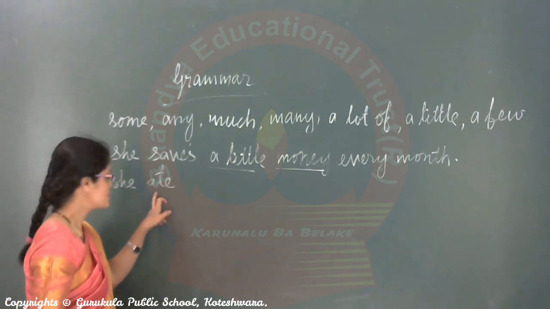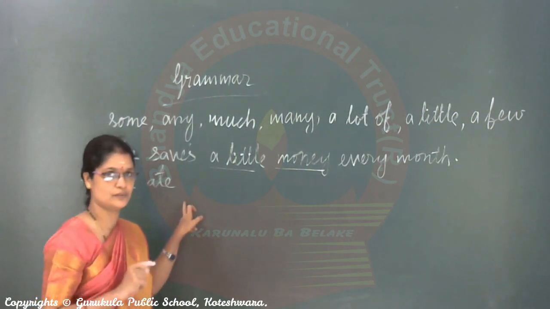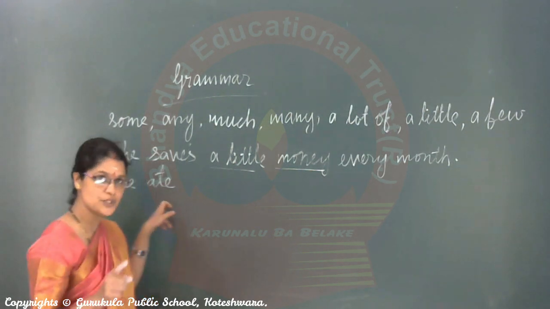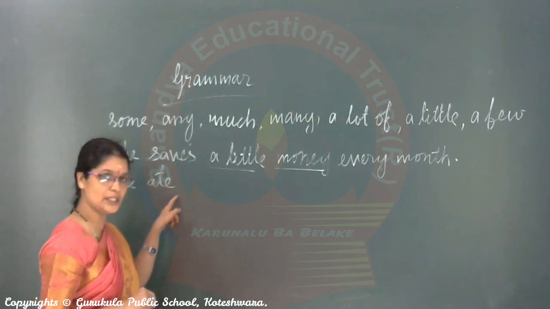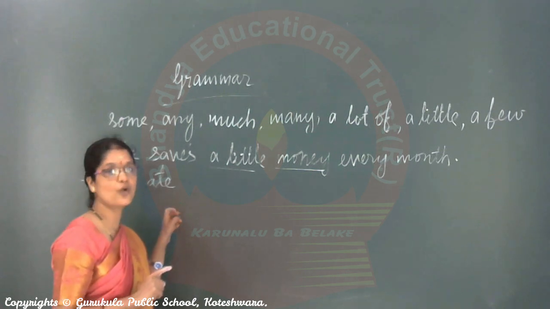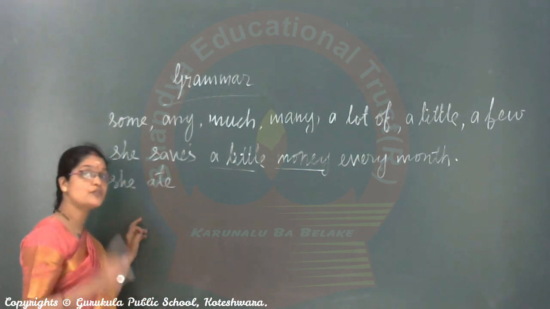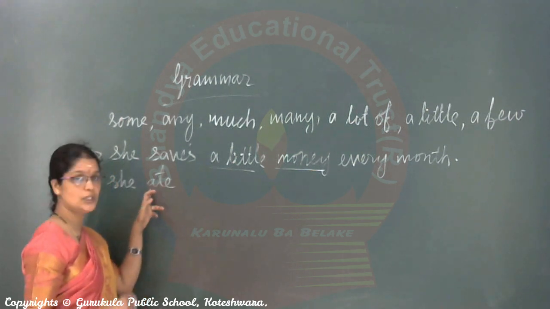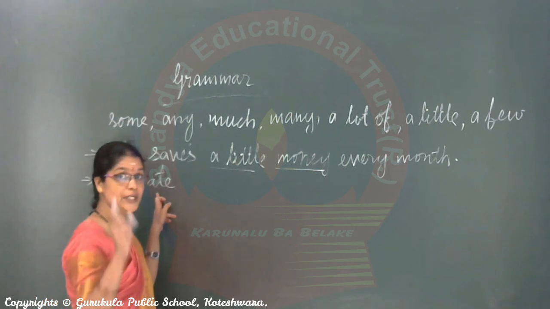She ate. See, A-T-E, the past tense form of eat. Some students make a mistake or get confused, writing A-T instead of A-T-E. I observed this one. That is wrong. A-T is one of the prepositions. You should use A-T-E, the past tense verb form of eat.